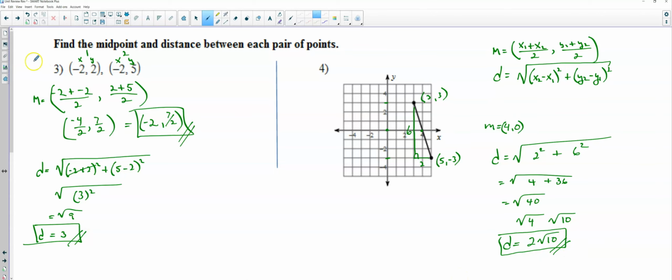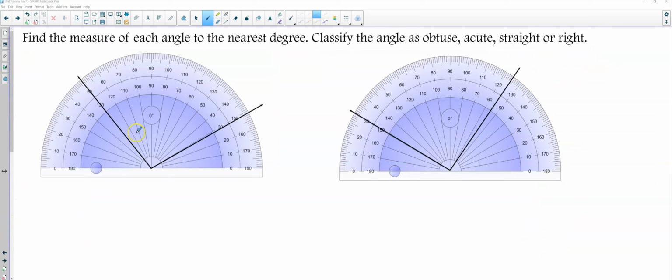Okay. Let's move on. Another thing you need to know is how to find the measurement, and the way it's going to be tested is this way that I'm showing you here. I'm going to give you a drawing of a protractor and an angle, and basically what you want to do is either pick the outer or the inner, it doesn't matter, and put the coordinates there.